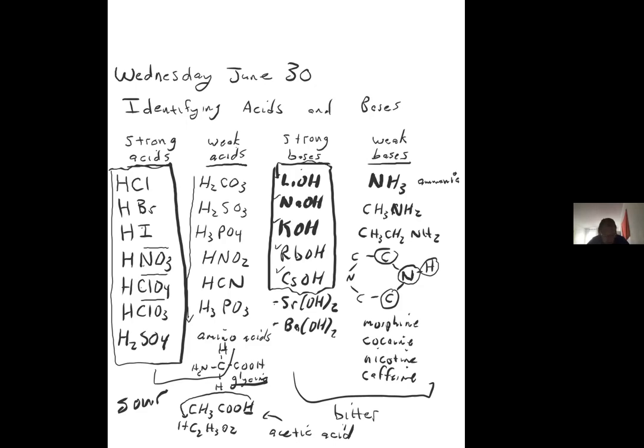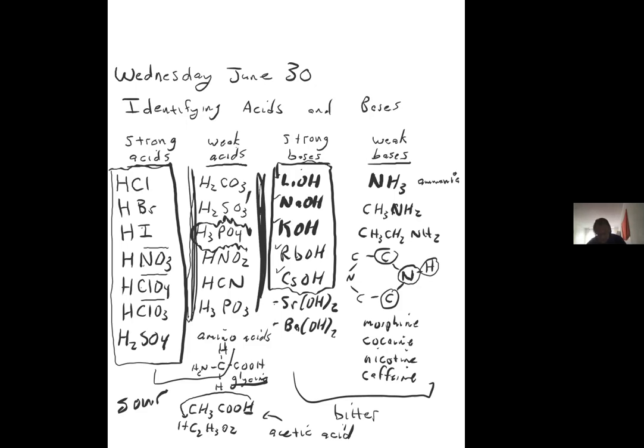So sour. Now, the strong acids are a whole different ballgame because they're so powerful that I'm not even sure they taste sour, because they just start reacting with things inside you. So you don't want to ingest them at all. But the weak acids, these ones right here, phosphoric acid, for example, is added to foods. Most of these are pretty dangerous. You wouldn't take this one.